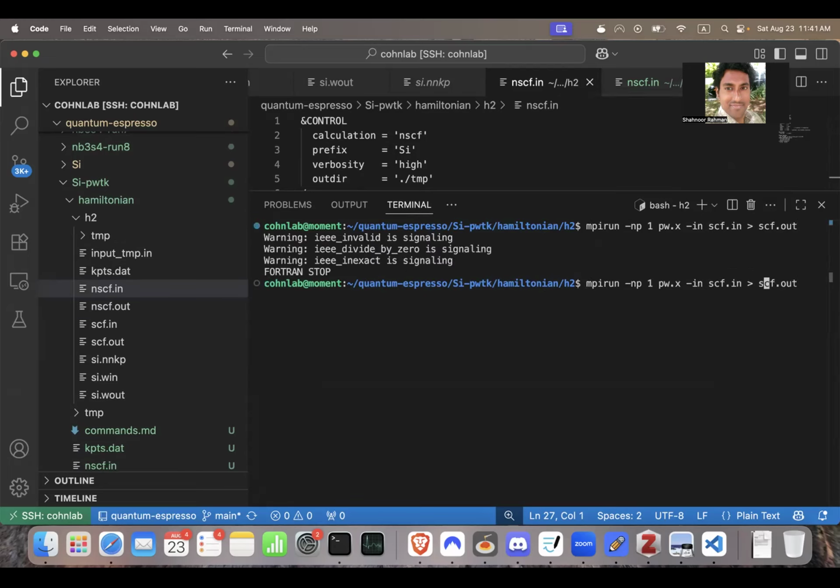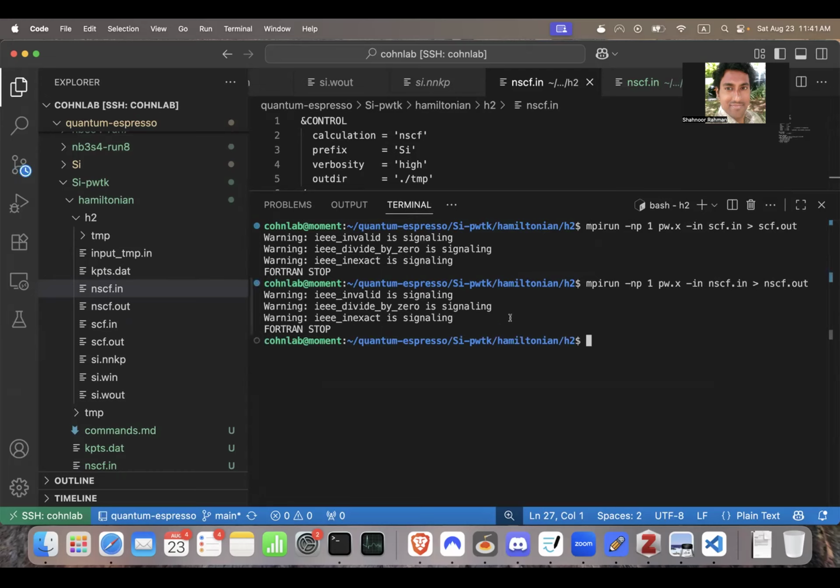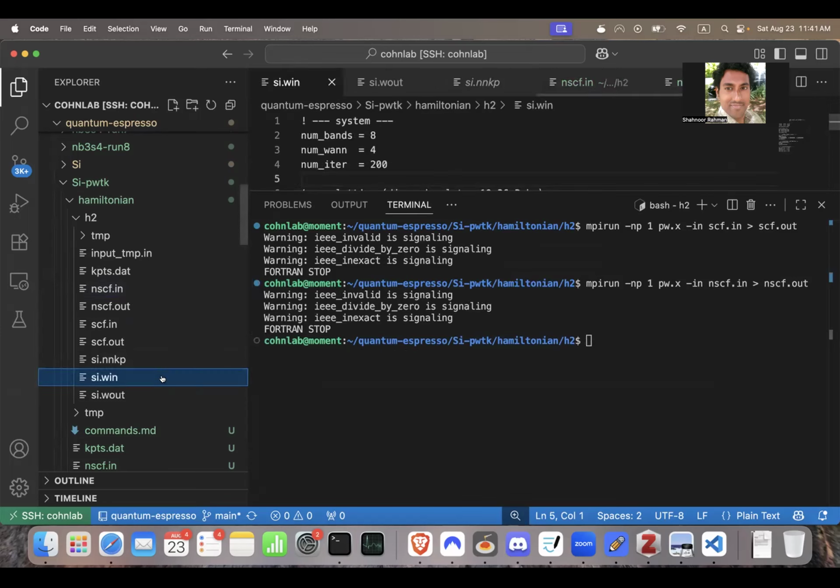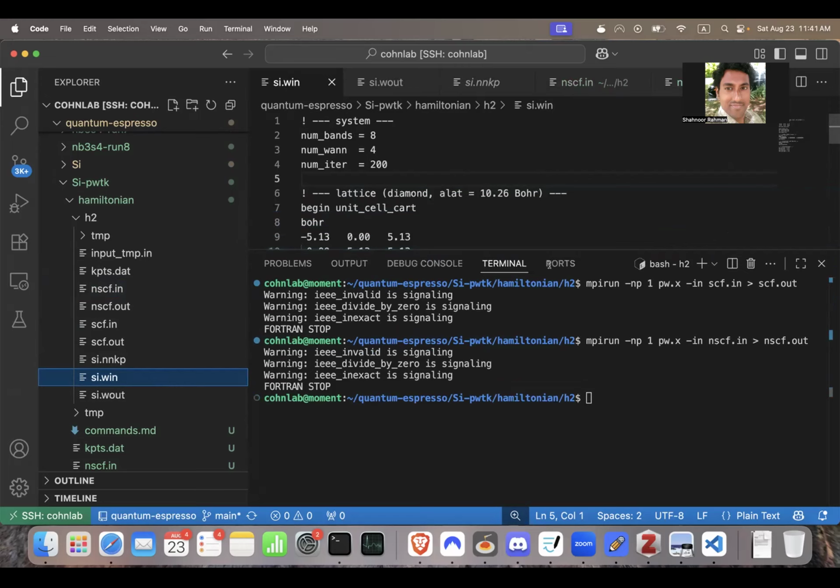And if I do NSCF, that also works. Just takes a little longer, but it works. And then what I need to run is this si.win file. This is the input file for the wannier90.x command. The way to run it is -pp, the pre-processing step, and just the input file.